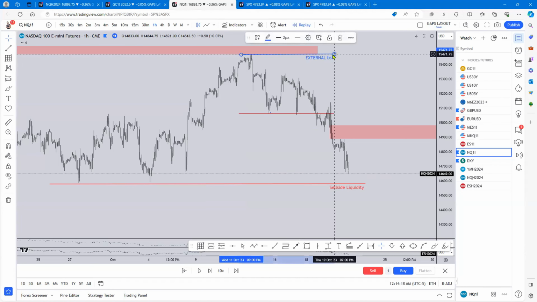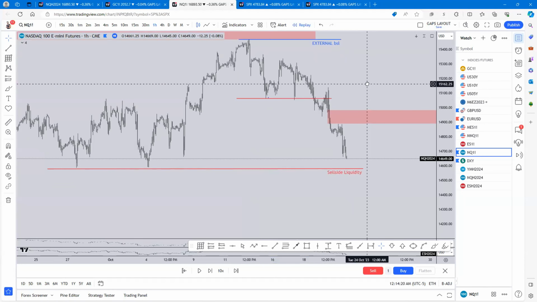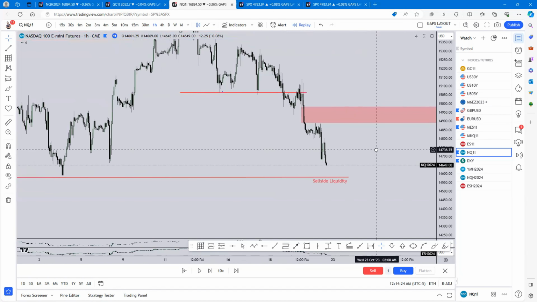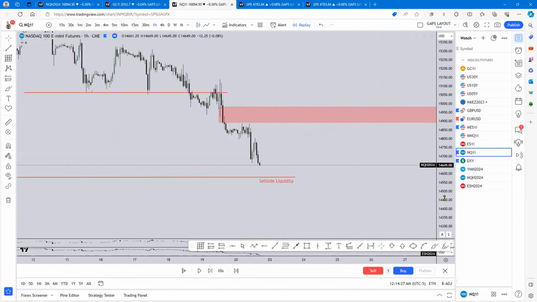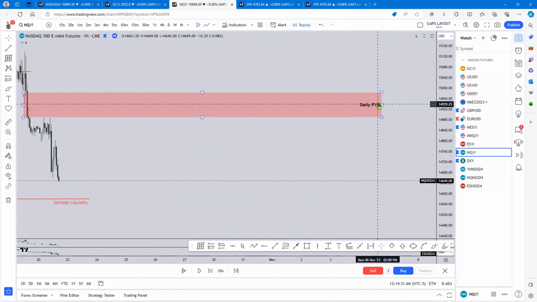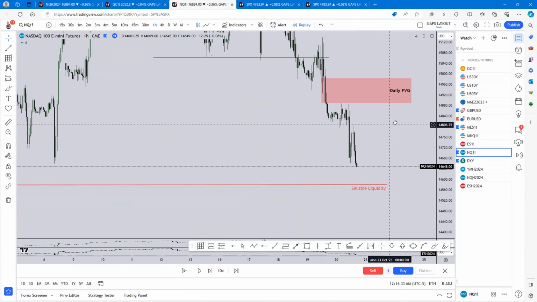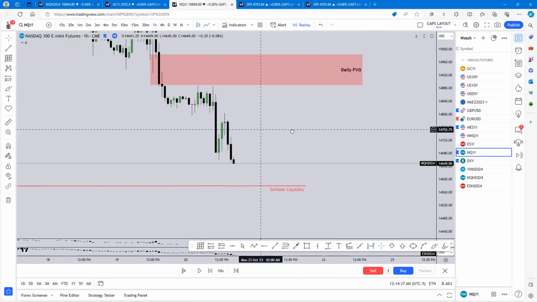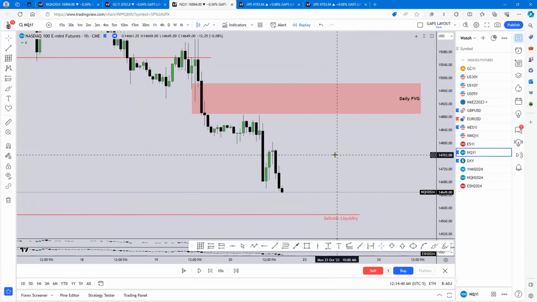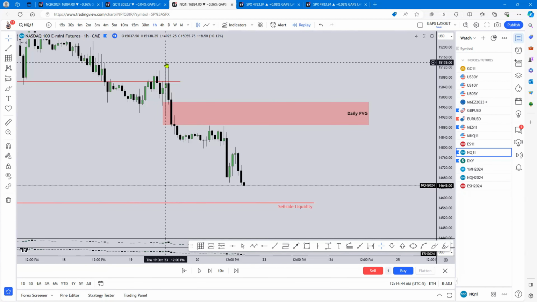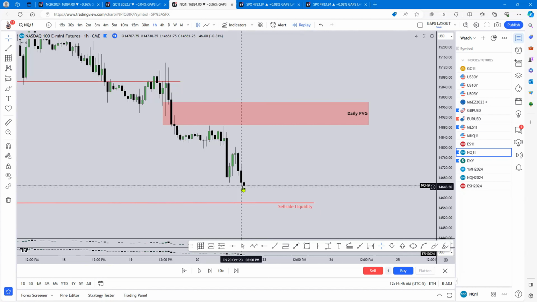Now, what you will want is price to come into some sort of internal liquidity. You can see here on the 1 hour, we have this daily. Now we're going to be looking for internal range liquidity. If we look at this last swing high to swing low, you want to wait for some sort of pullback.